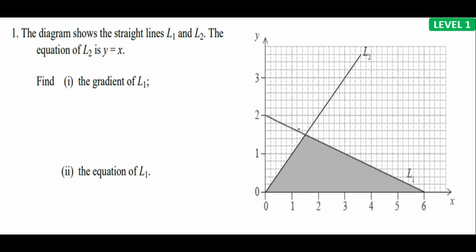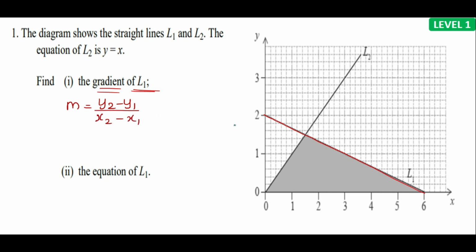Now you can see you have the line L1 here, so make sure you are looking at the right line, not at L2, and this is L1. Now to find the gradient, starting with the formula, we know the gradient m is equal to y2 minus y1 over x2 minus x1.